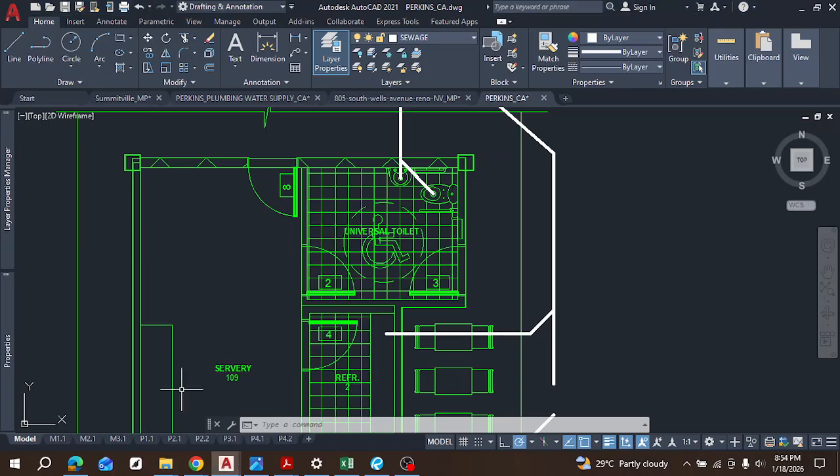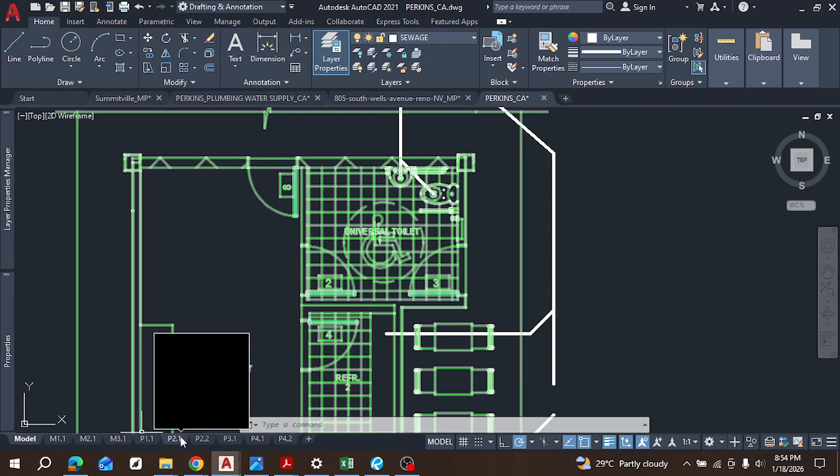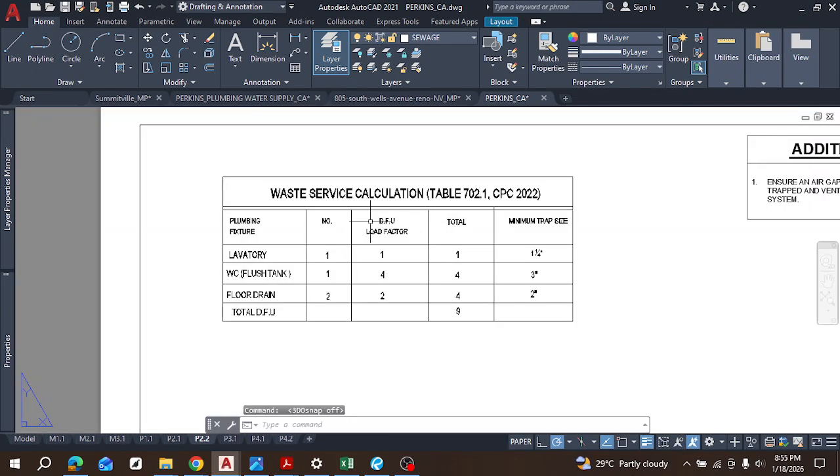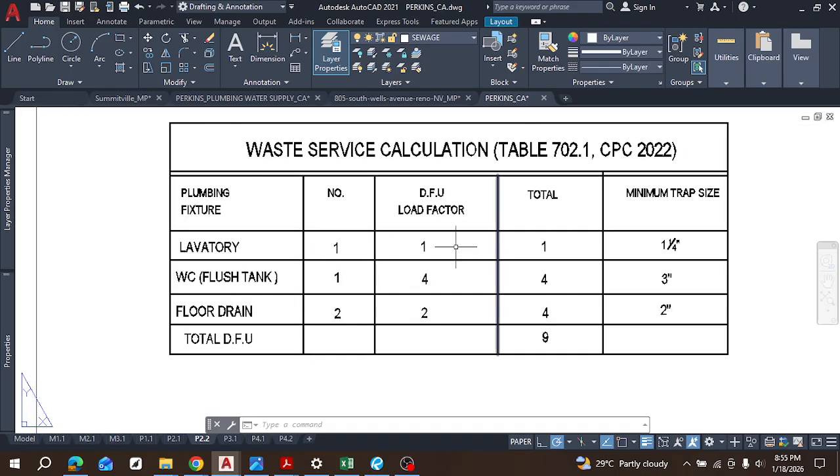DFUs. To do that, we go to the page that we have our DFUs on. This project is in California, so that's why I use this particular California table. If you notice, it's not very different from the other one. We have just one lavatory, one WC, and two floor drains.